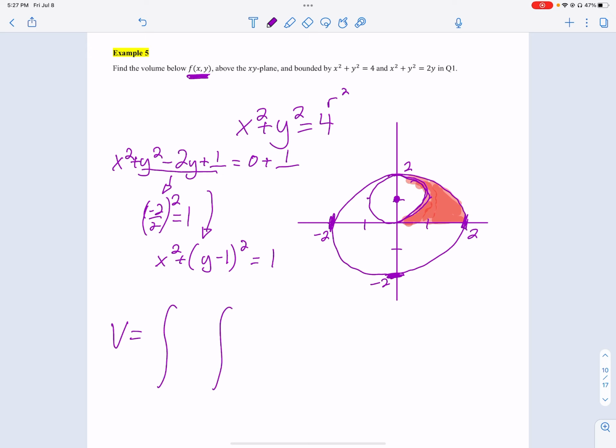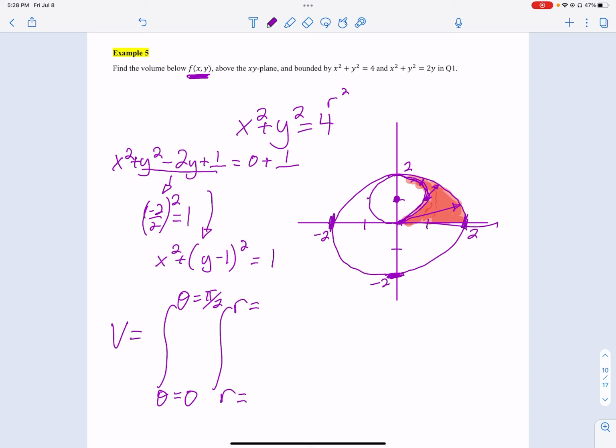We know first we start with our thetas. Theta, the first one is 0, right? It just goes out. And then the second one, it's all the way around to that first quarter, so it's pi over 2. R is not as obvious, but we start here and go out that way. But as we spin, eventually we won't be down in here at all.